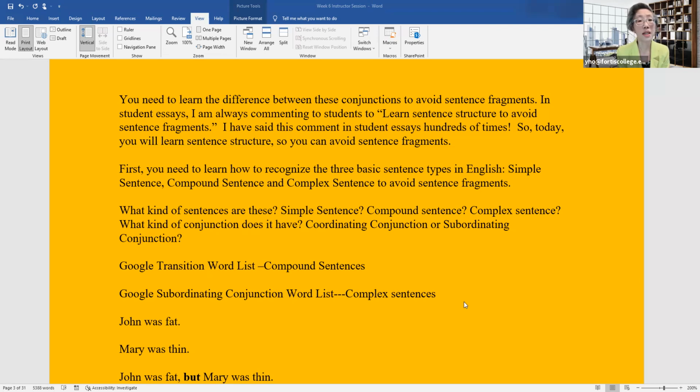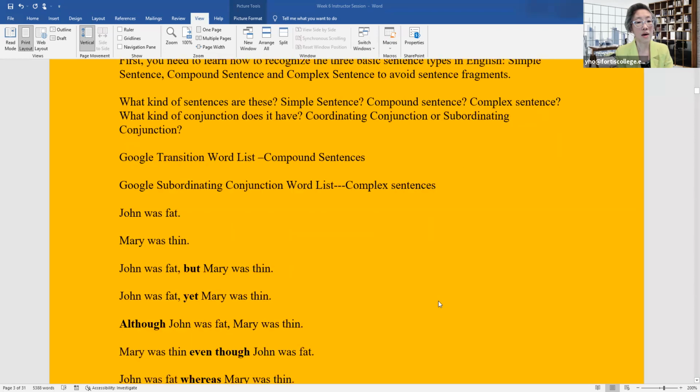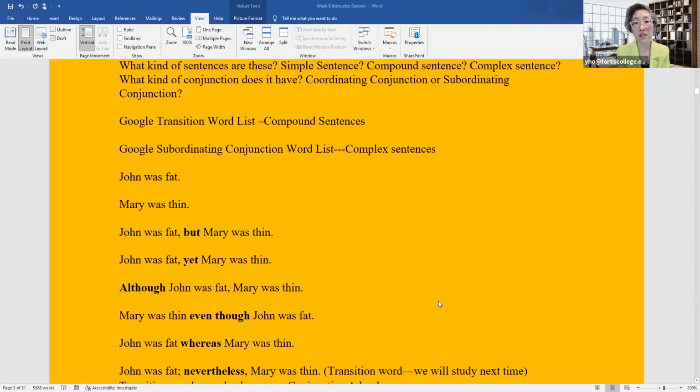So you need to recognize the three basic sentence structures in English: simple sentence, compound sentence, and complex sentence. So here, you should always have a list of conjunctions, different kinds of conjunctions. You should have a list of transition words and a subordinating conjunction word list to help you write your essay.